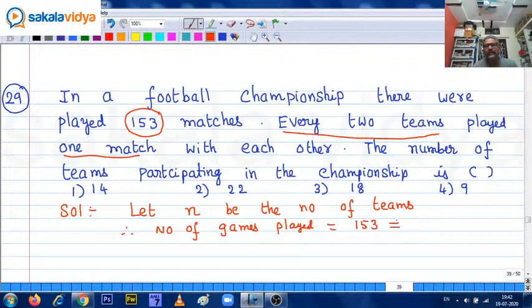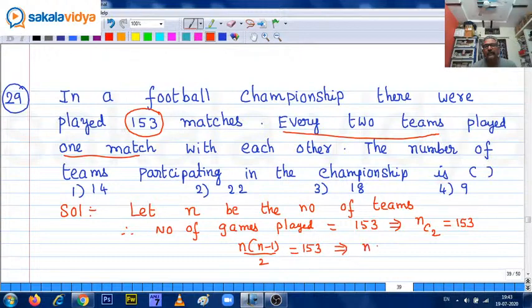That implies NC2 equals 153. Selection of two teams out of n teams, that is NC2. This is a formula. NC2 is, we know, n times n minus 1 upon 2 equals 153.